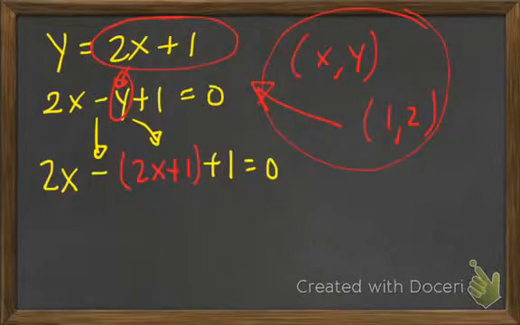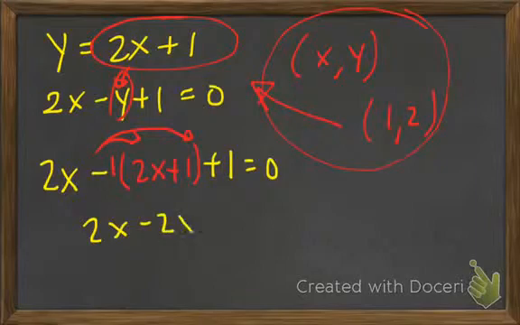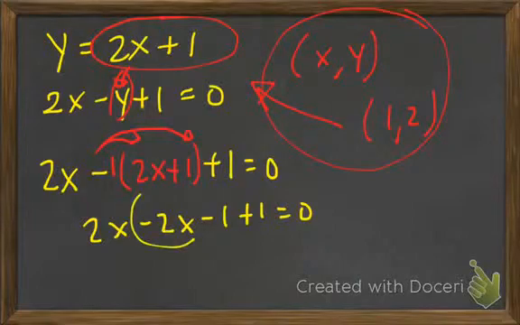Okay, and we're going to use which property of multiplication? You've got it. The distributive property. I'm going to distribute that negative 1 and rewrite the whole equation and start solving this thing. So I get a minus 2x and a minus 1 plus 1.